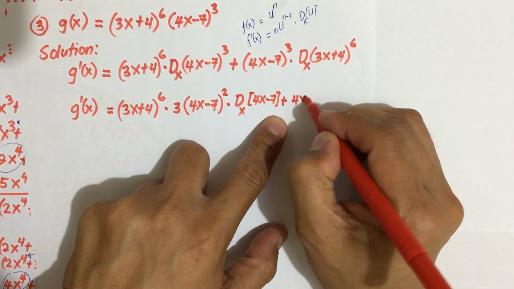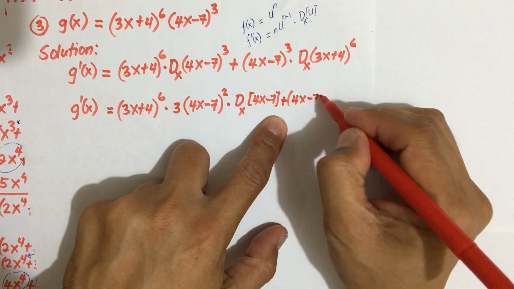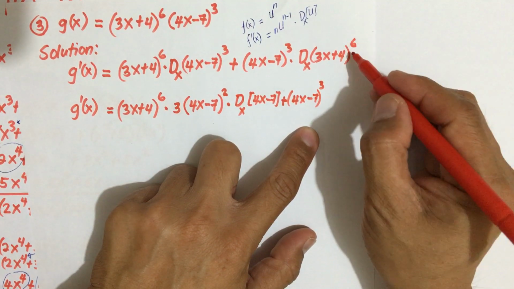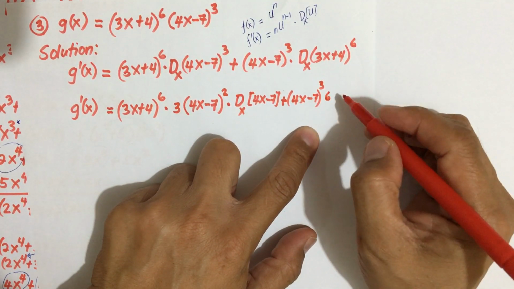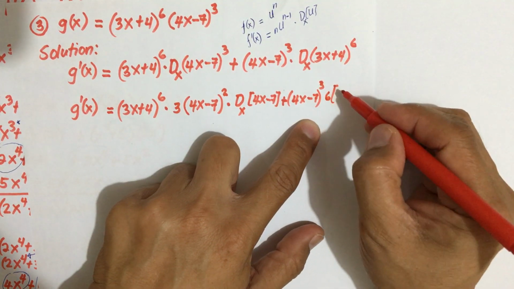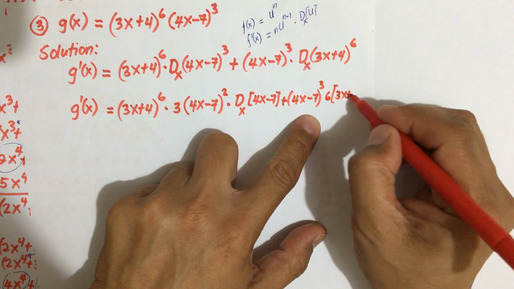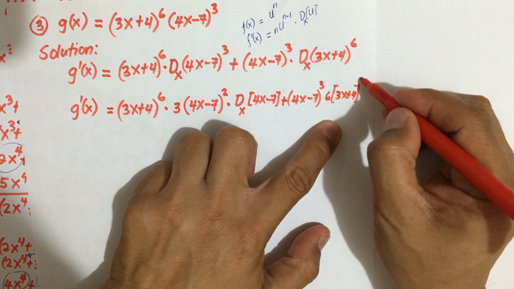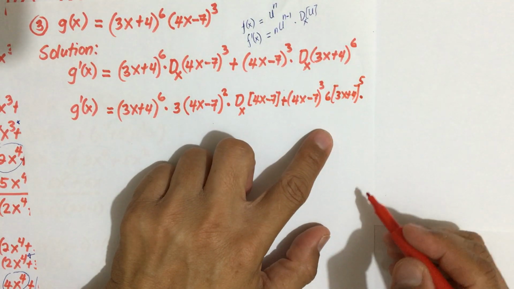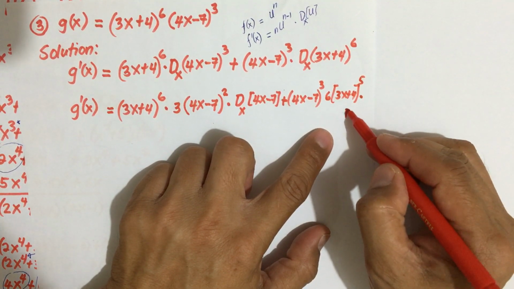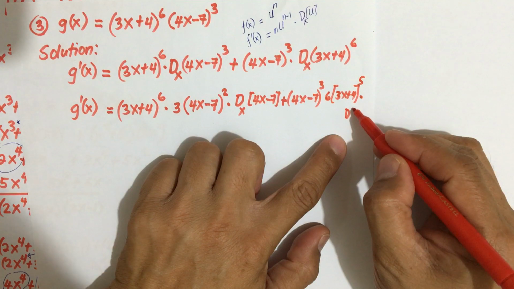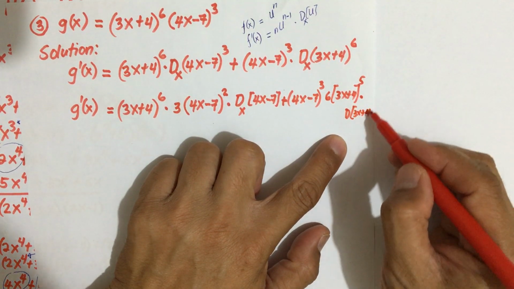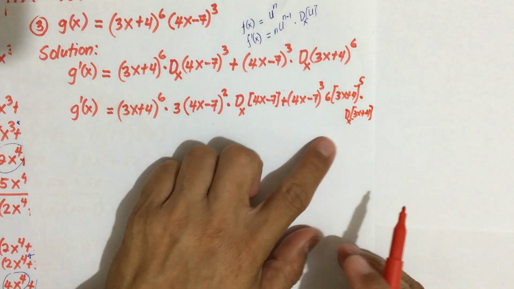We have 4x minus 7 raised to power 3, then again the general power rule, so this will go down, so times 6, then we have 3x plus 4, then raised to power n minus 1, 6 minus 1 is 5, then times the derivative of 3x plus 4 with respect to x.